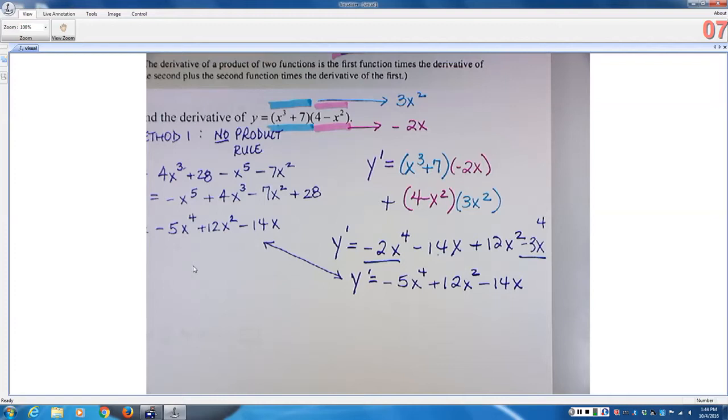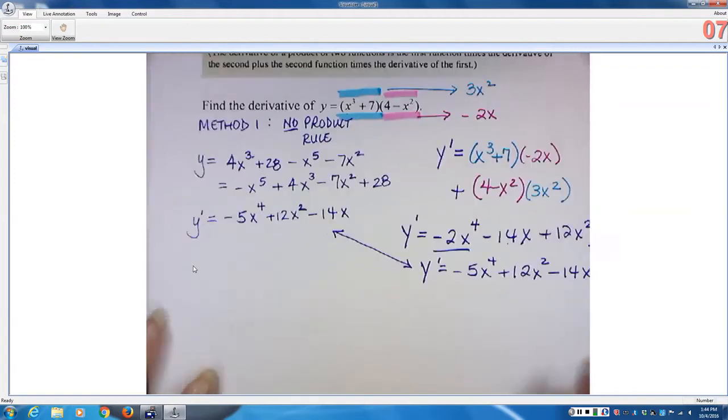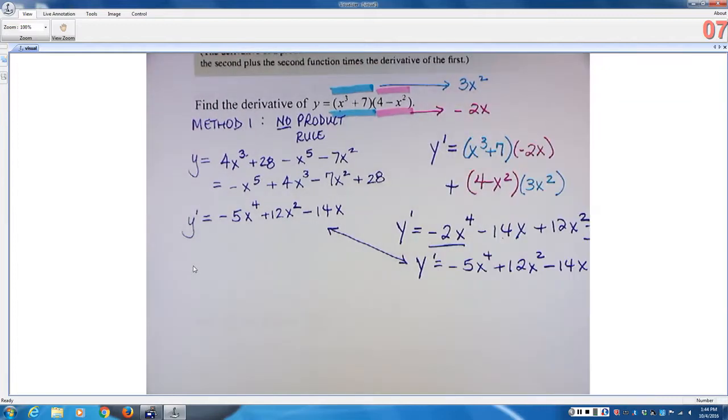So, product rule. The way that I write it is not the same as the way that they're writing it at the top of this page. This is my version of the product rule.